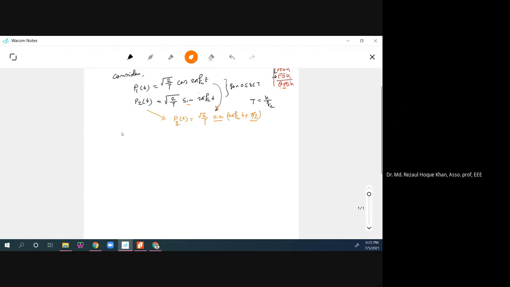So what should be the energy for P2? Integral from minus infinity to infinity of P2 square t dt. So the energy is the integral of 2 by T sine square 2 pi fc t dt. We are finding the energy of symbol P2.